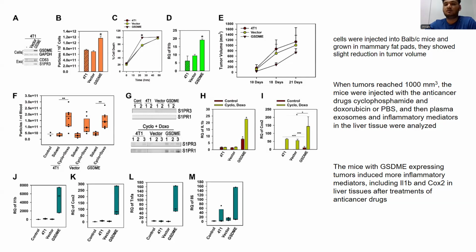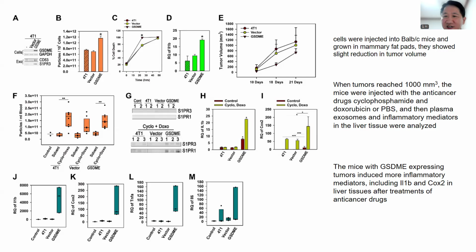Okay. And another question is, I know you checked the cytokine interleukin 1, but what about the NK cell population after gasdermin expression? Did you check it? No. Because I believe this is the observation.